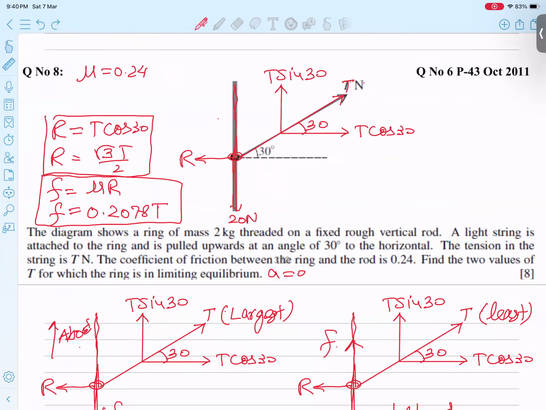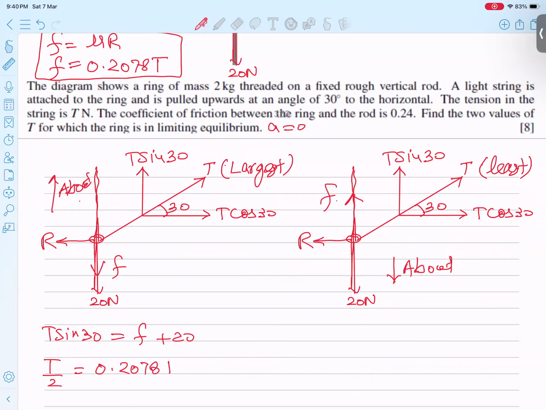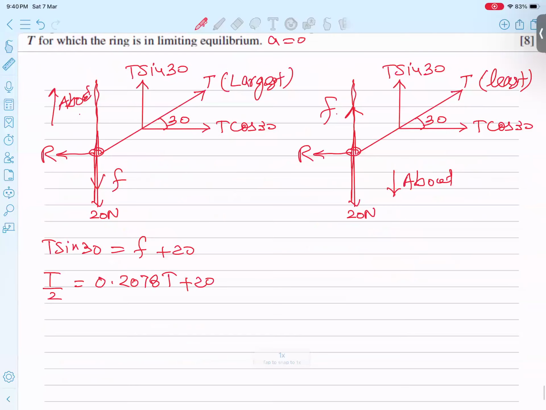So this is 0.2078 T, T must be there. So now I'm going to copy here F is mu R, so 0.2078 T plus 20. I think the point is very clear. I'll bring this whole component here, so T over 2 minus 0.2078 T equals 20.